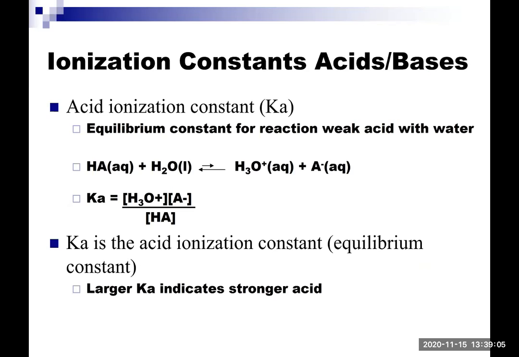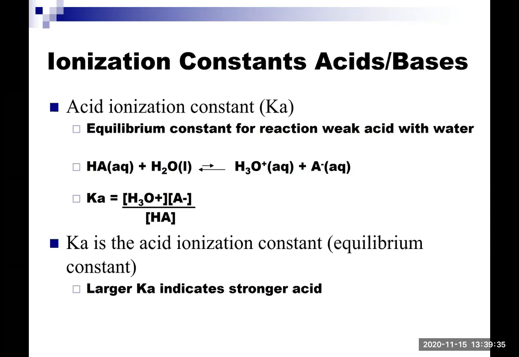We want to have a quantitative way to analyze acid-base chemistry. So in addition to being able to look at it qualitatively and say, okay, we have a lot of ions in this solution because we have a strong acid or a strong base, or we have a minimal amount of ions in solution because we have a weak acid or a weak base, we want a quantitative number that tells us whether we have a strong acid or a strong base, and how strong is it?